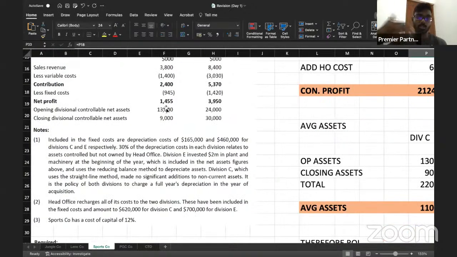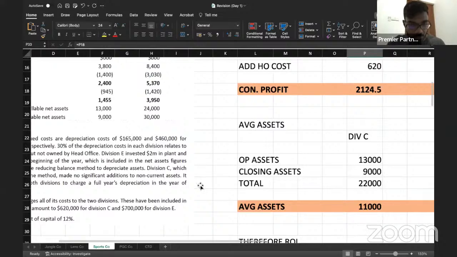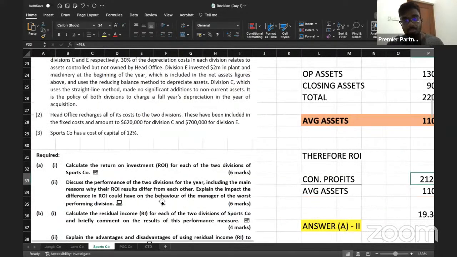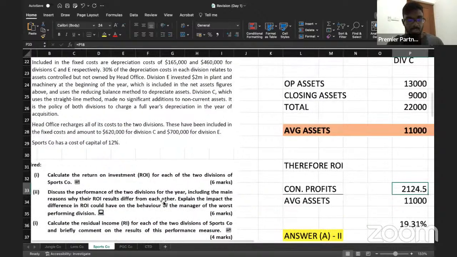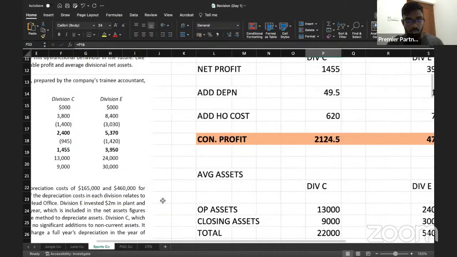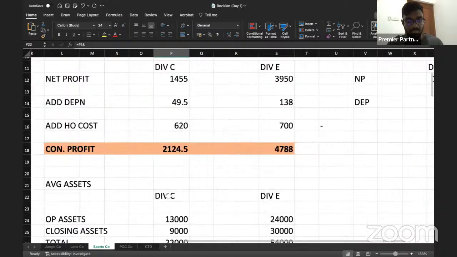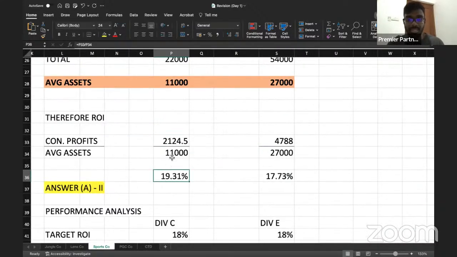Okay. So once you talk about those, they ask you to explain the impact the difference in ROI could have on the behavior. People, see, actually, division C, even though it has a very high ROI, it's not because they have made good investments.